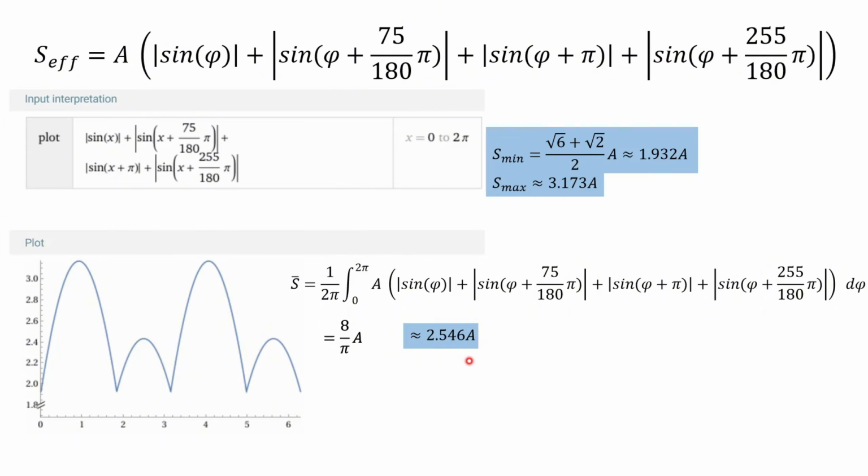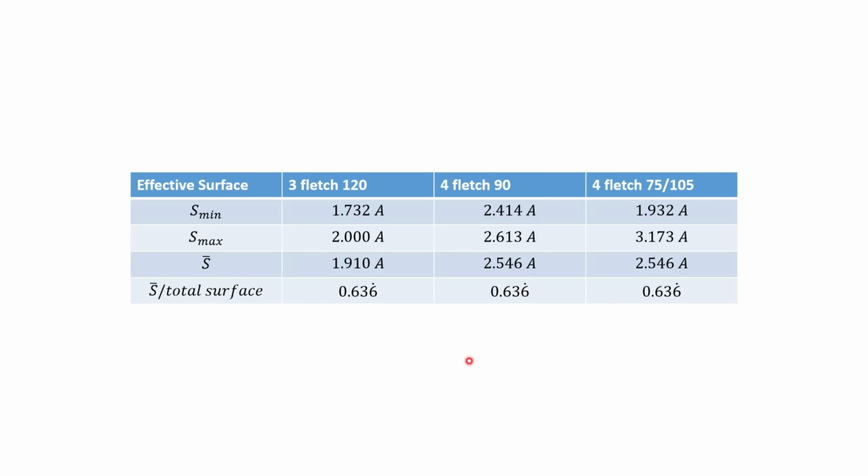So let's look at these results in a tabular format. You got 3 different fletching configurations: minimum effective surface, maximum effective surface, and average. This is the important information we should pay attention to. If you divide your effective surface area by total surface area of all your veins, so you're dividing 1.91 by 3, you're dividing 2.546 by 4, you get the same number.